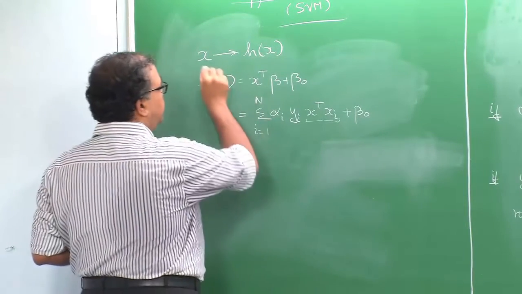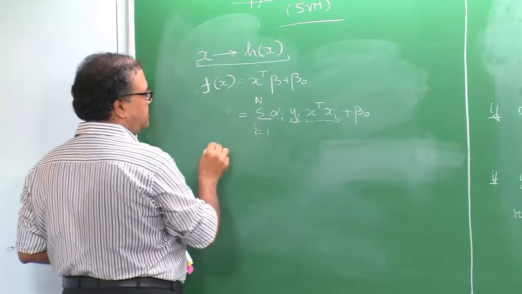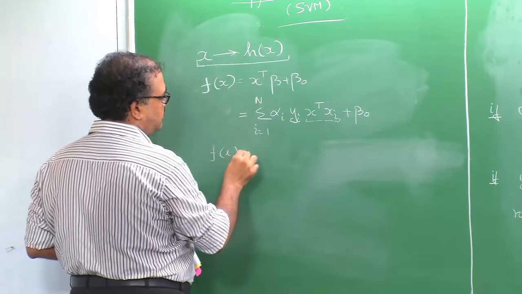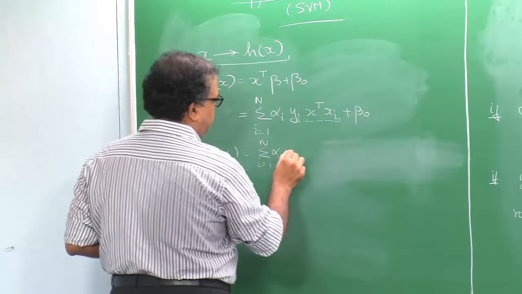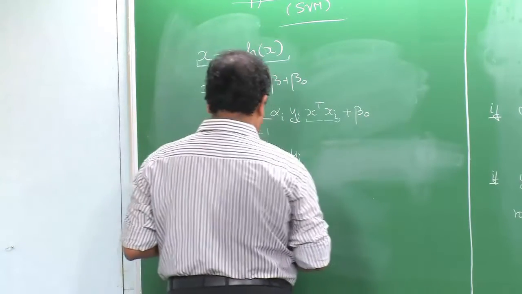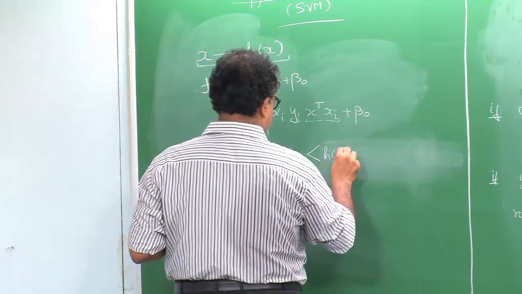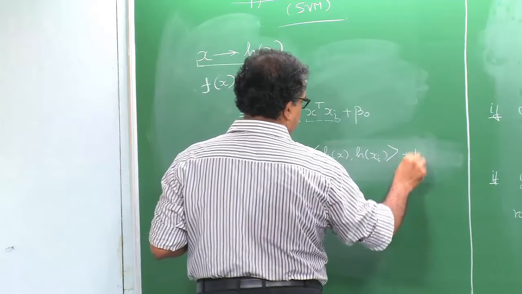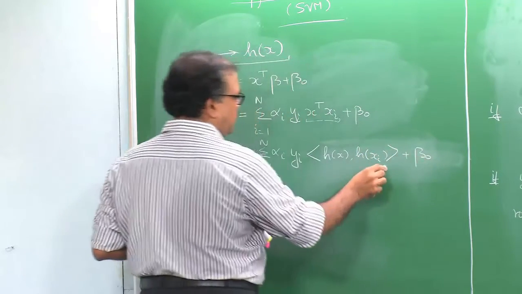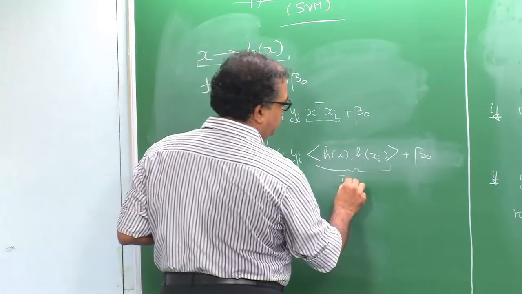In particular, given that we are going to be looking at this kind of a transformation, I can now write this as, where this denotes the inner product.